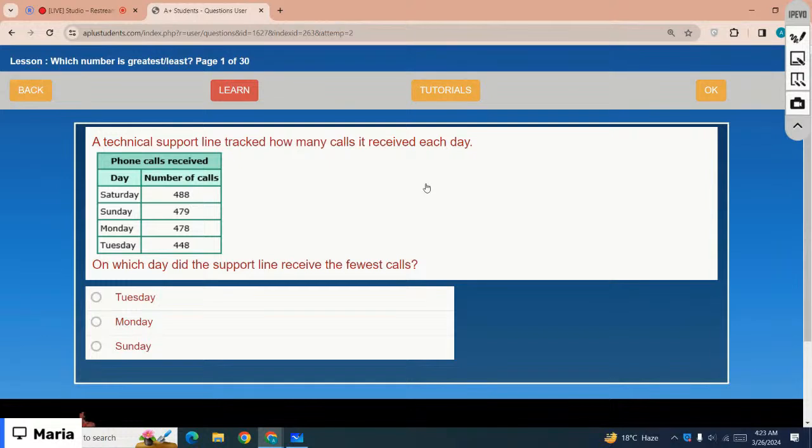A technical support line tracked how many calls it received each day. On which day did the support line receive the fewest calls? So which is the correct option?